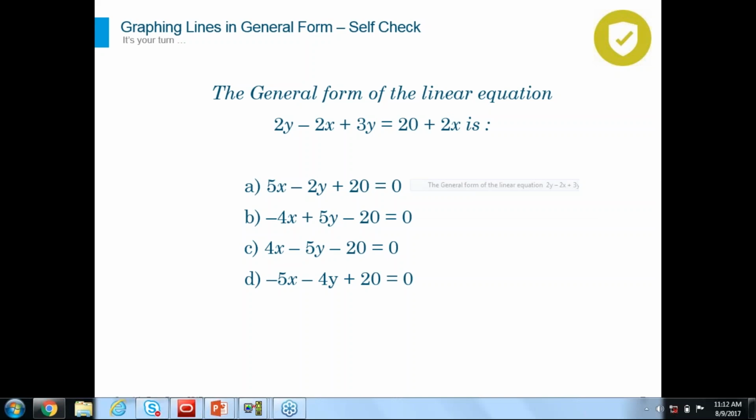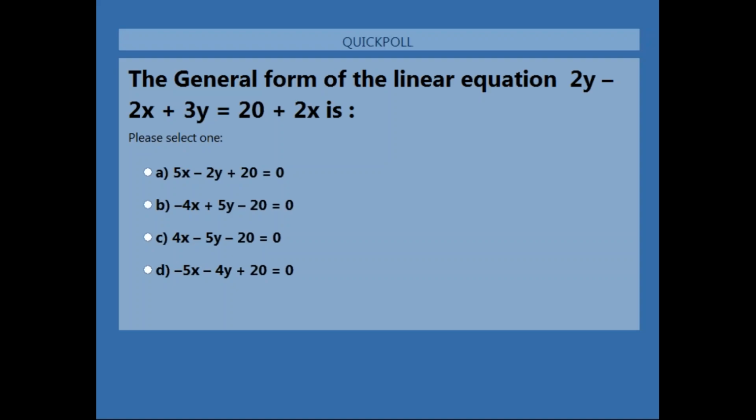Okay, I'm going to change the screen now to the same question, but I will give you the option to actually select the answer.